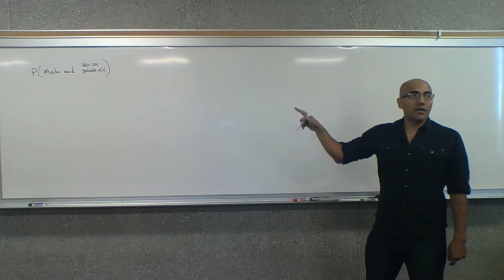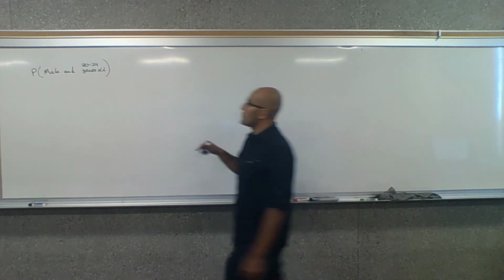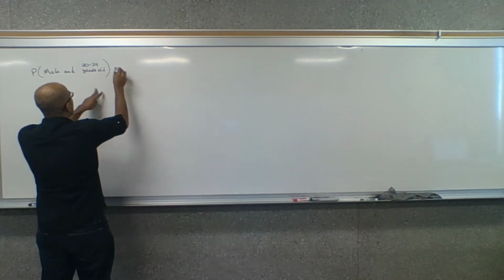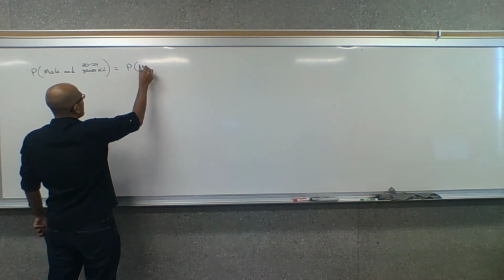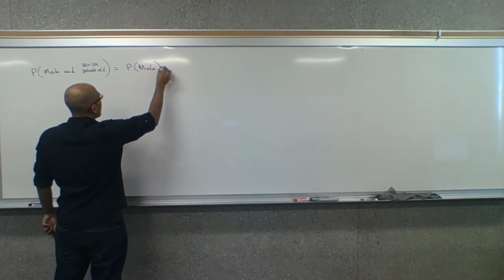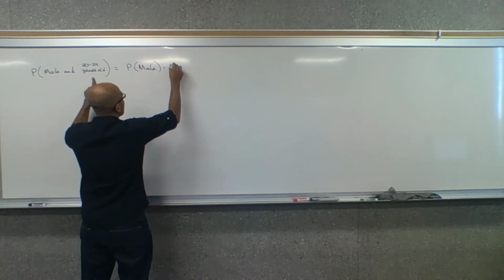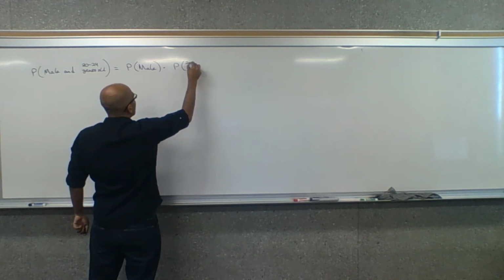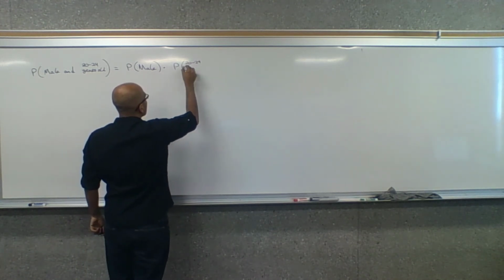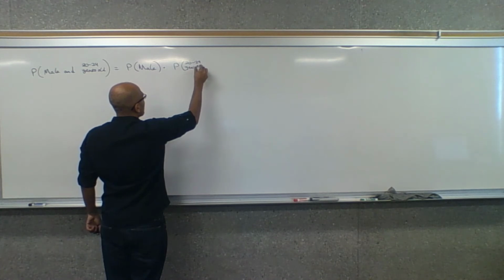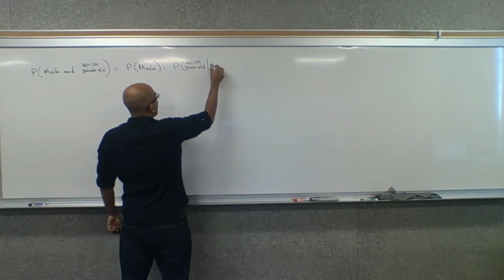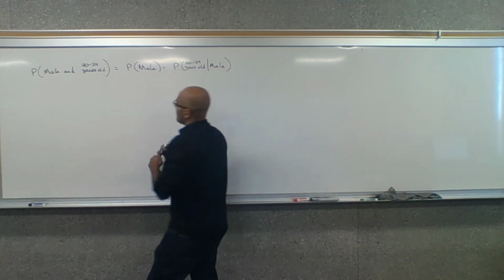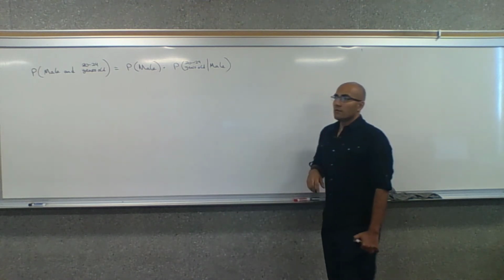And from my formulas, I know that that's equal to the probability that they're male times the probability that they're 20 to 24 years old, given that they're male. Right? That was my formula.